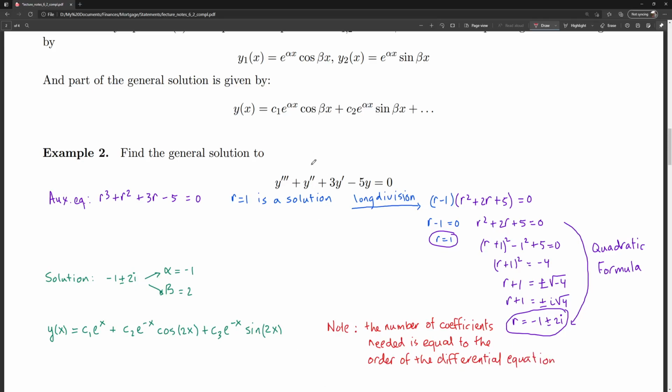So when you see a differential equation that's order 3, to double check that you have all the parts of the general solution, one thing that you can check is to make sure that you've used 3 coefficients.